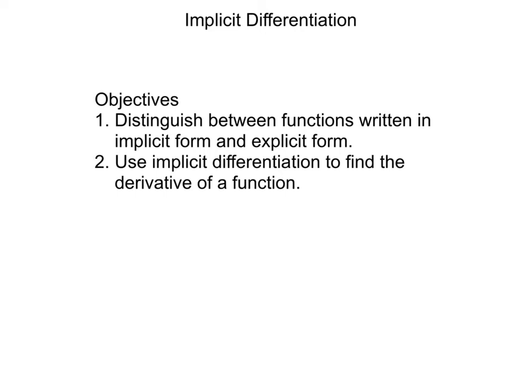The first one is to distinguish between functions written in implicit form and explicit form. Most functions you've dealt with have always been in explicit form, and you'll see that in a second. The other is to use implicit differentiation to find the derivative of a function. We'll also spend some time talking about why we have this thing called implicit differentiation and what it allows us to do.